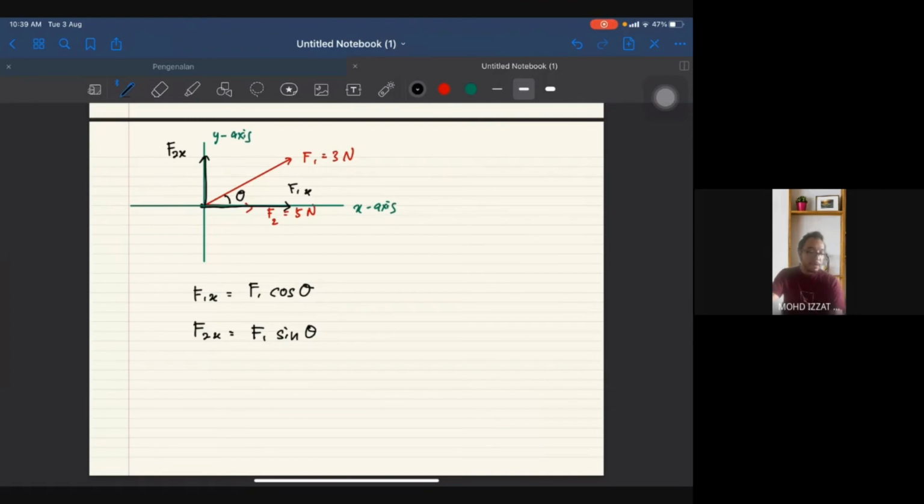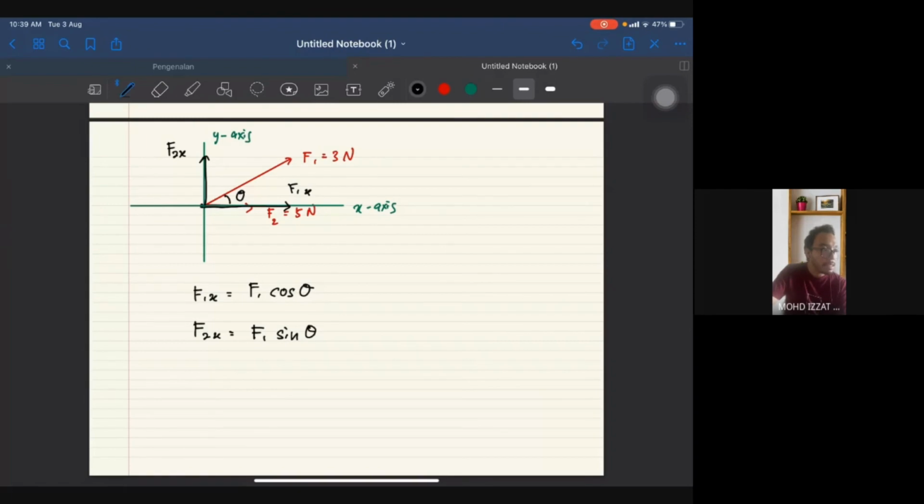Okay, macam mana saya hafal dulu daripada sekolah sampai sekarang? Cikgu sekolah saya ajar cara nak hafal. Kalau kamu punya theta tu ada dekat sini, that means yang dekat dengan dia tu, sebelah dia tu ada theta, itu adalah cos. This one, sebelah dia tu tak ada theta. So the theta is on the other side. So that means that one is sin. Itu yang saya hafal lah daripada sekolah sampai sekarang saya apply. Tak ada masalah. You can ikut cara kamu lah nak hafal macam mana.